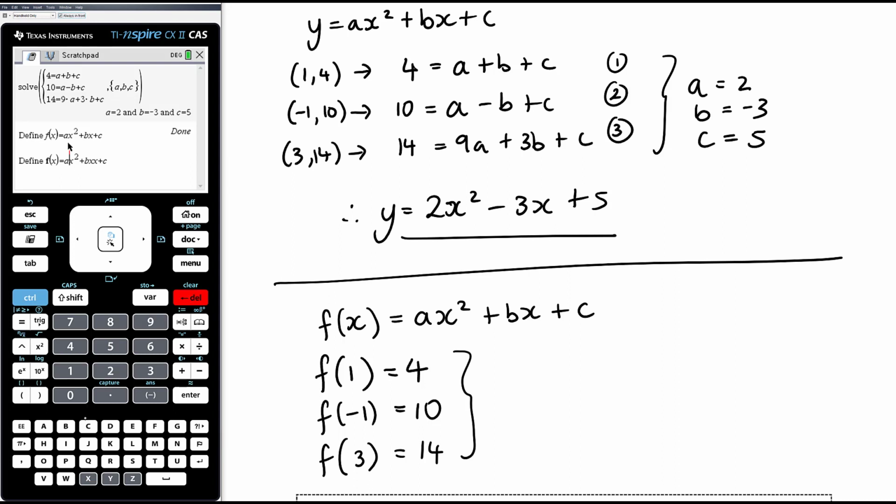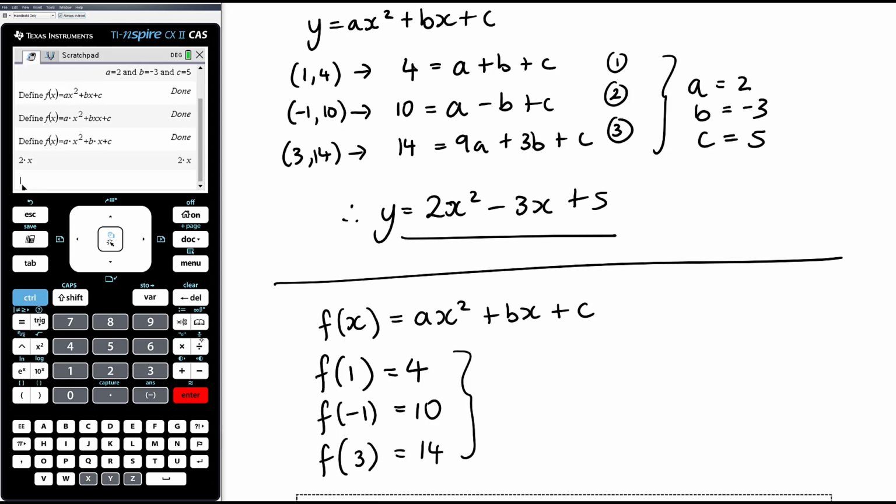You don't need to be explicit about multiplication if you're talking about a number times x. If you type 2x, I haven't typed 2 times x, I've just typed 2x. When I press enter here, my CAS will reformat that as 2 times x, because it understands that when I type a number followed by a letter, it means multiplication.